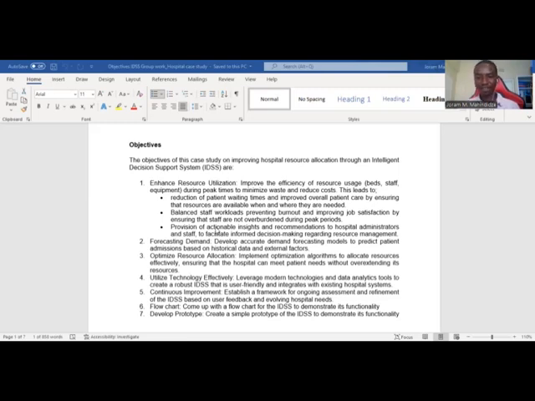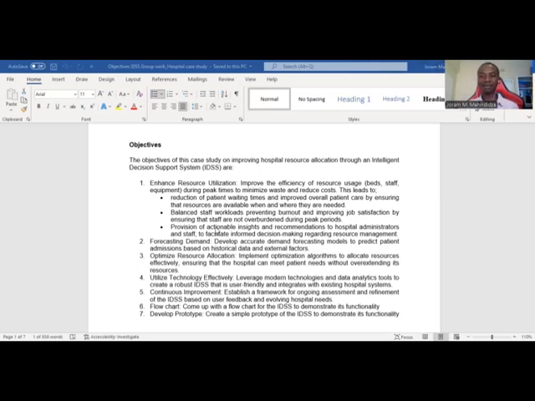So improving the efficiency of resource usage, that is beds, staff, equipment during peak times, to minimize waste and reduce costs. All right, so this is one of the objectives that we have, and this will lead to a reduction of patient waiting times. We are saying the amount of time that patients have to wait, and improved overall patient care.